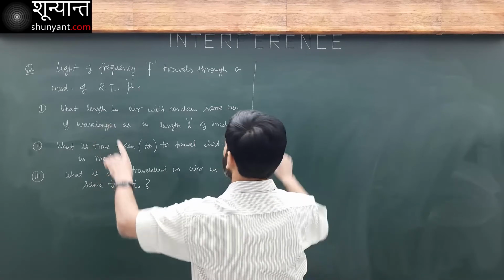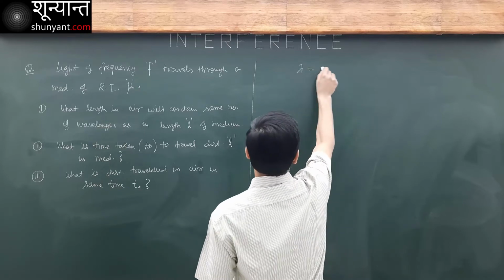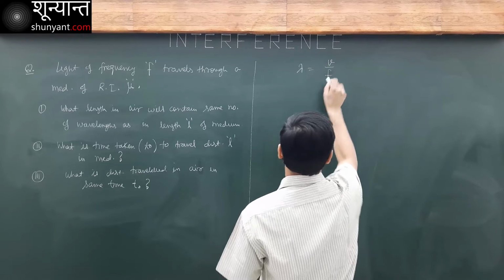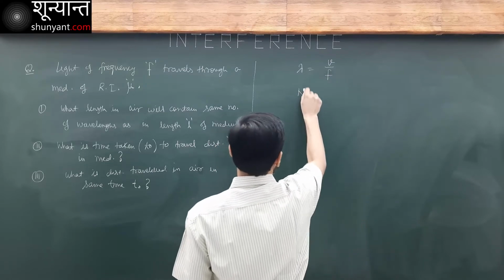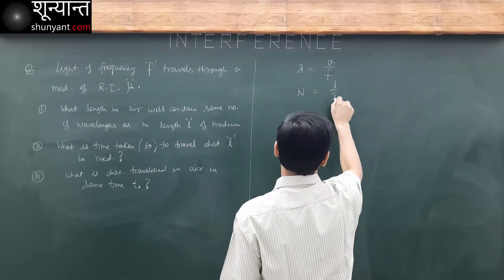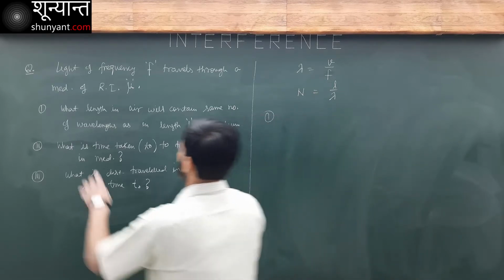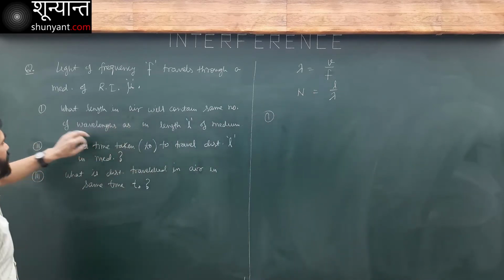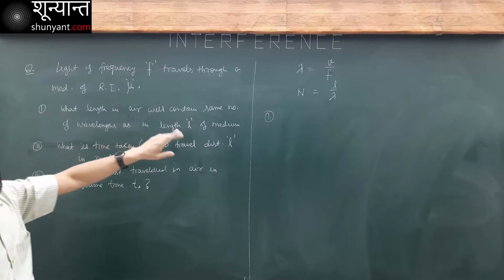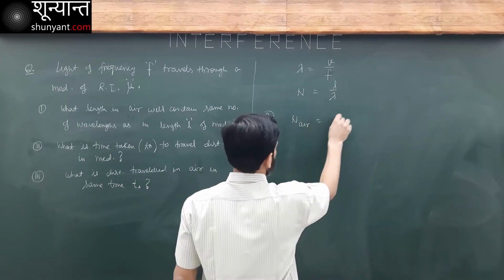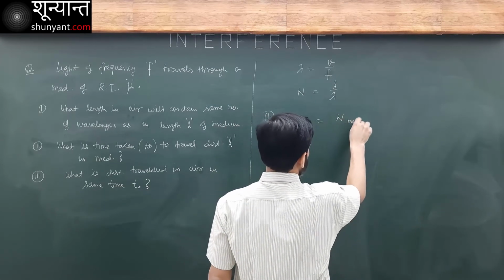Okay, wavelength is speed over frequency. Number of wavelengths is length over lambda. Now first case: what length in air will contain the same number of wavelengths as in length L of medium? So n in air is equal to n in medium.